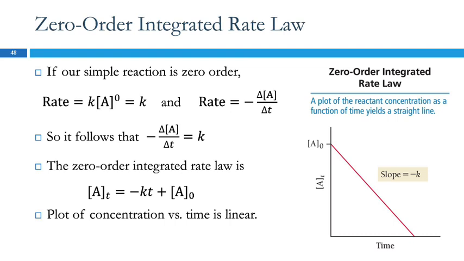I'll probably give those to you on a regular exam, because I sometimes have a hard time remembering them. They're easy to get mixed up. Like this one has a negative k, and first order has a positive k. No, second order has positive k, first order is negative k, right? So the important thing is to be able to use them. The pattern is the same. They are in the form of a line.